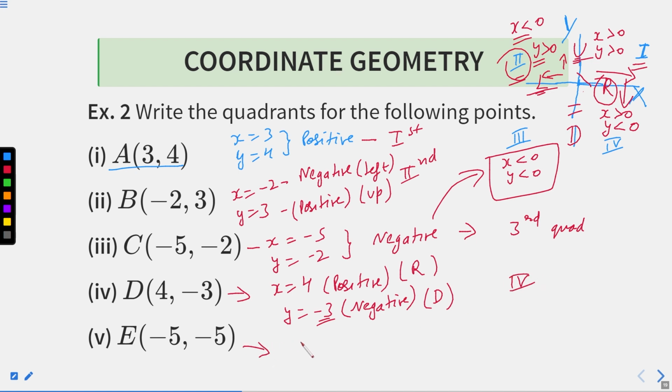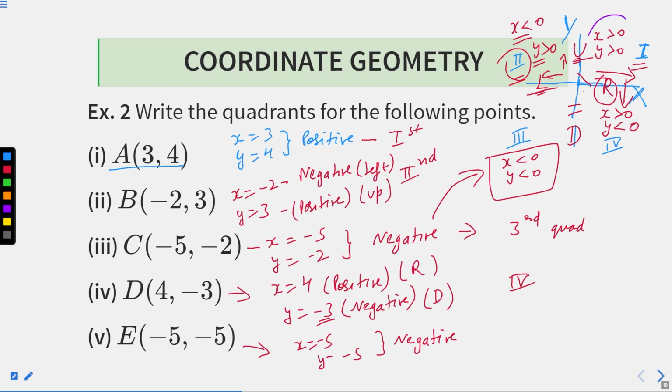And for this, x is -5, y is also -5. So both x and y are negative. And we know in the first quadrant both are positive. Then opposite of that, the third quadrant is negative.